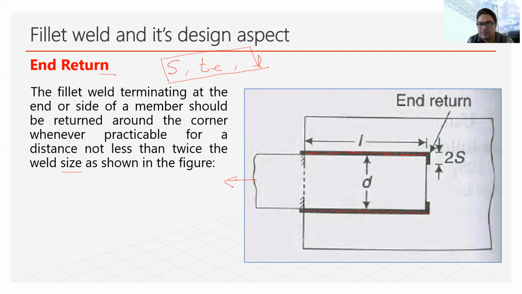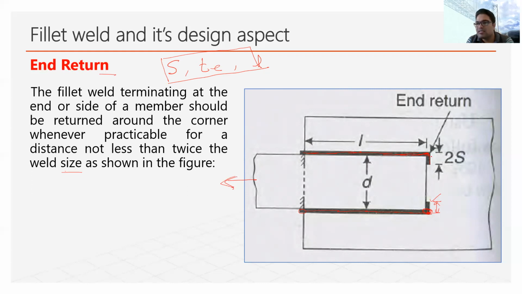When there is a force, there may be a stress concentration at this point, and to avoid that stress concentration, if practically possible, we end our welding around the corner. So if it is going like this, we don't leave it here, but we provide some extra length.